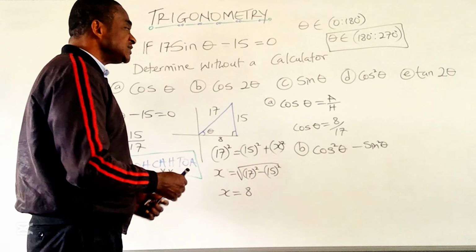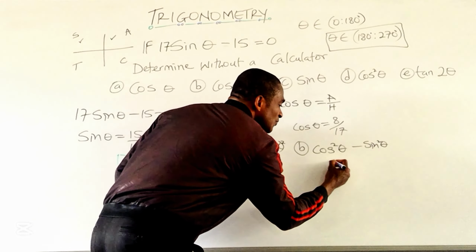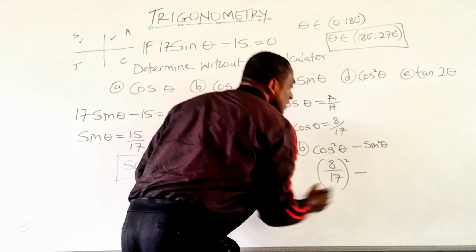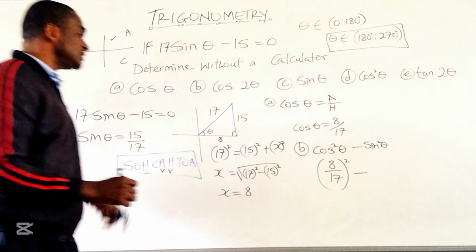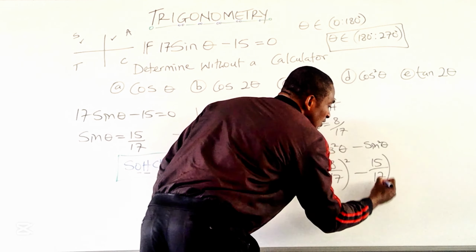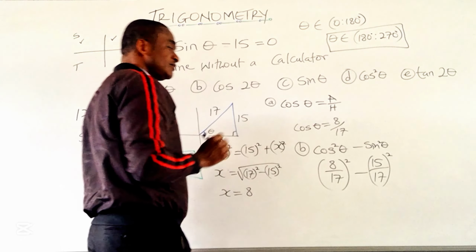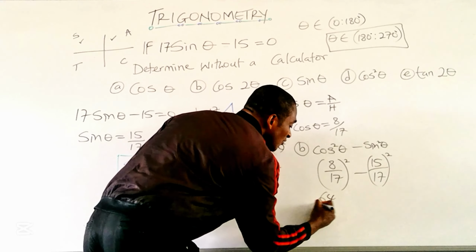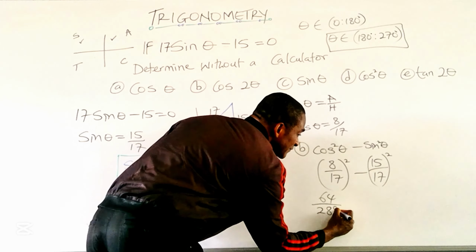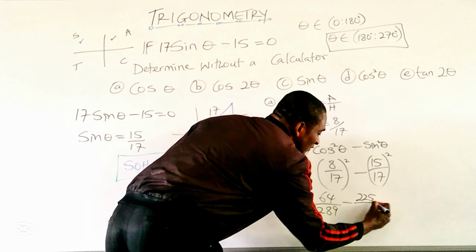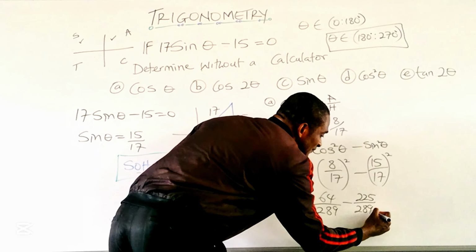Now, cos squared theta means this is our cos squared. Cos theta will be 8 over 17 all squared, minus our sin theta, which is 15 over 17, all squared. So we have 64 over 289 minus 225 over 289.